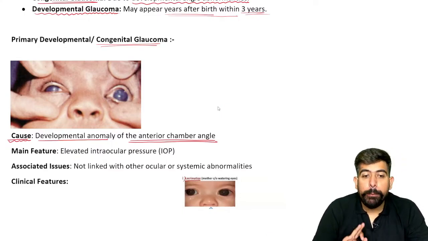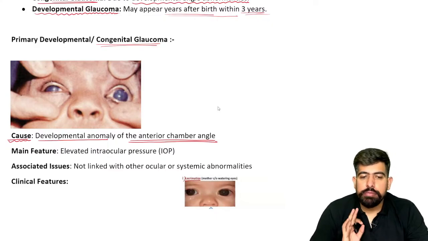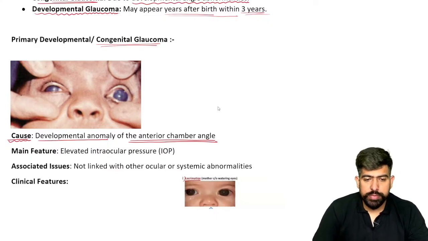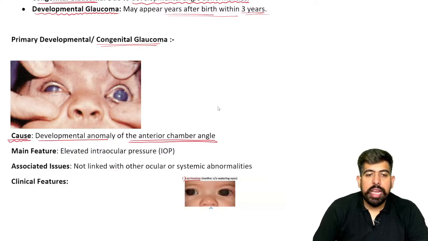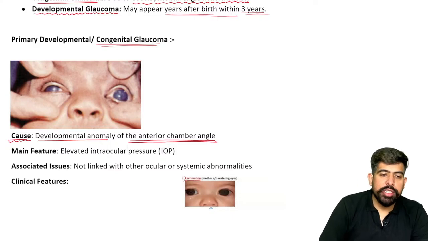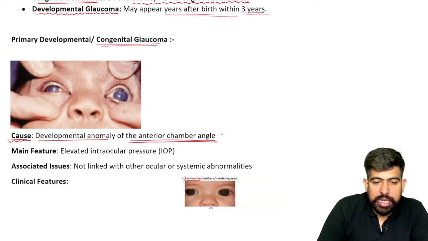Please remember, if the angle of anterior chamber is closed, there will be an increase in aqueous humor accumulation. Due to this aqueous humor accumulation, there will be an increase in the intraocular pressure.